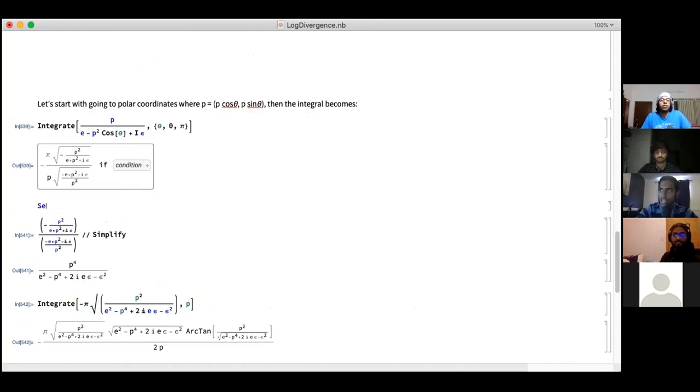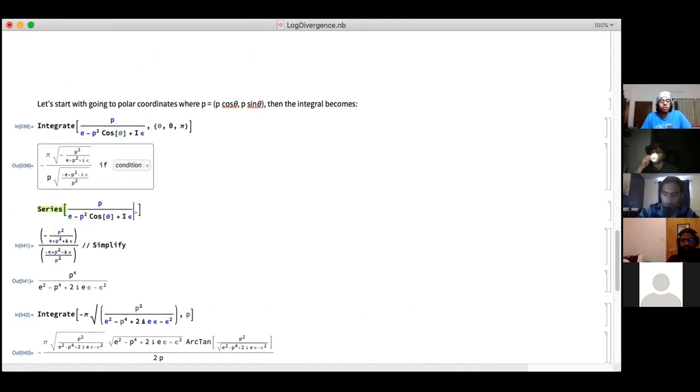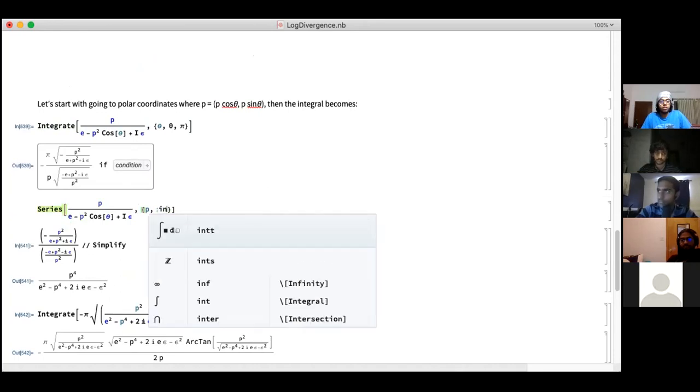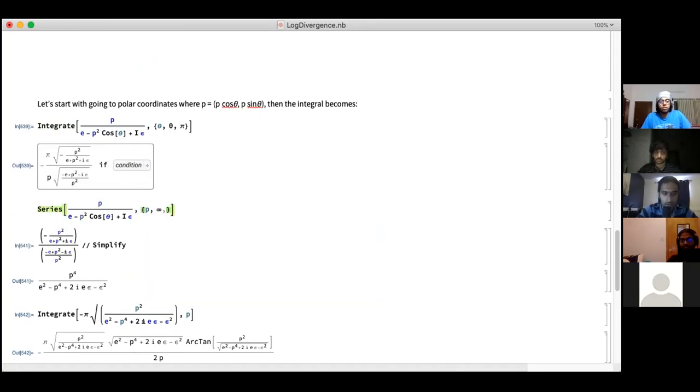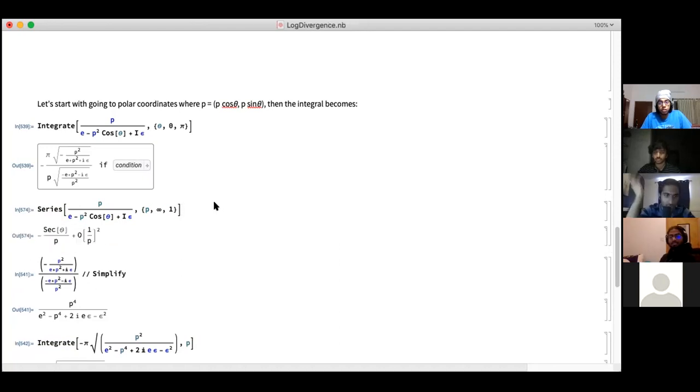Why? Because I can expand this in series as a function of p. And unsurprisingly, the leading term is going to be 1 over p, sec theta over p.